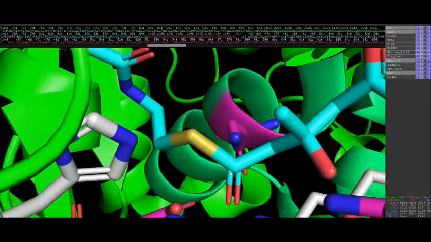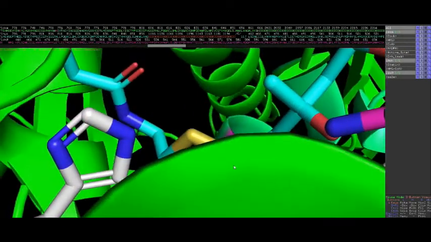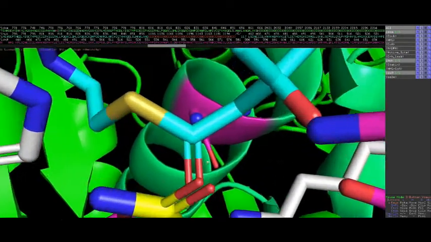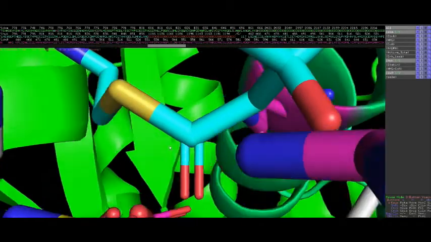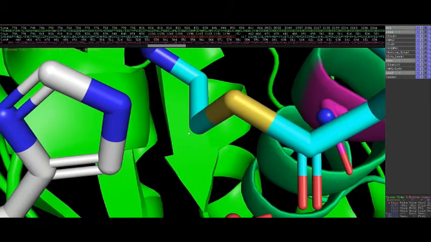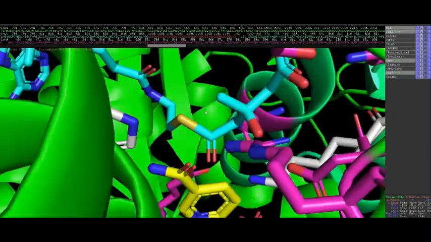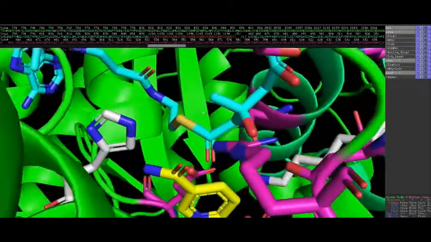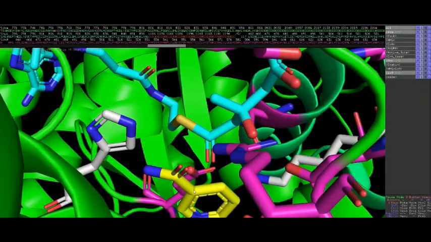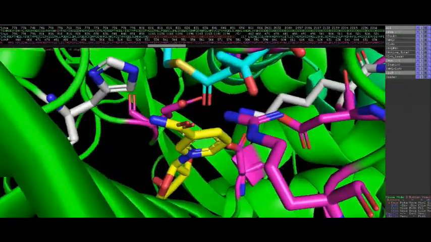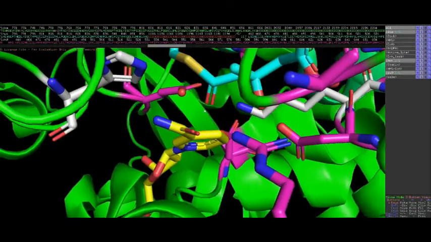So this is the carbonyl carbon right here that is being reduced. And so we can see that our histidine is right next to it. We can see that the nicotinamide here, which is the electron donor, is right next to it.